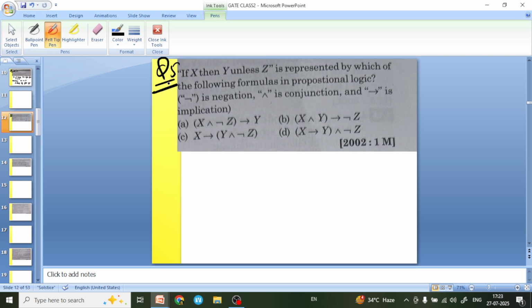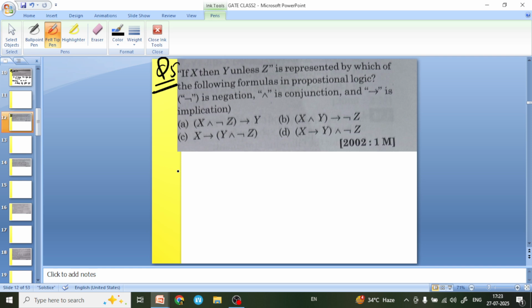If X then Y unless Z is represented by which of the following formulas in propositional logic? Not is this symbol, a negation, and is a conjunction, and implies is implication.